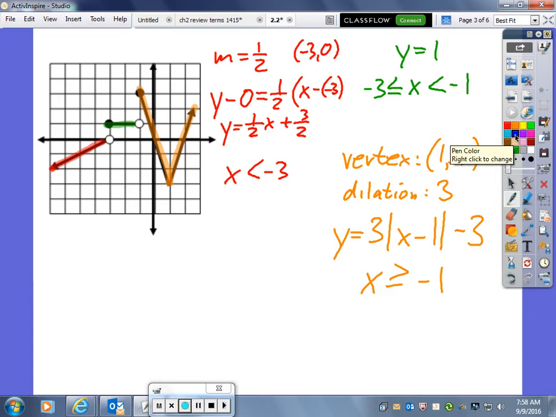Let's now put all this together as a piecewise function. F of x is equal to, now use your big braces.